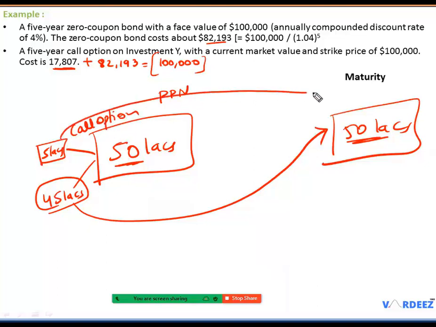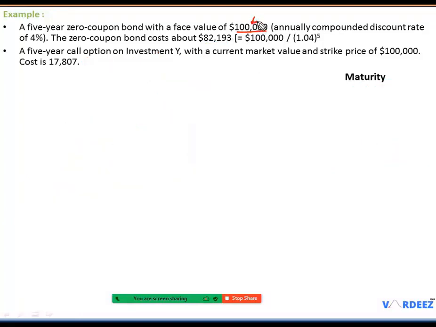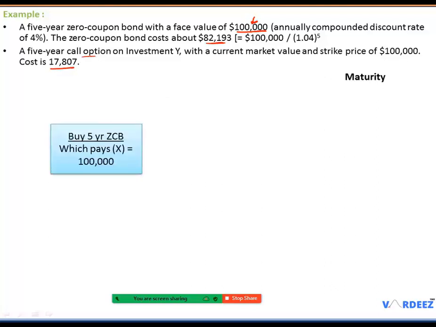Because at the end of these 5 years, at maturity, if this call option is in the money and making a lot of money, you will have more than 50 lakhs: the 50 lakhs of the zero coupon bond plus this call option. So that's what we are doing for this $100,000. We invested 82,000 in this zero coupon bond, and with the money that was left out, we purchased a call option.